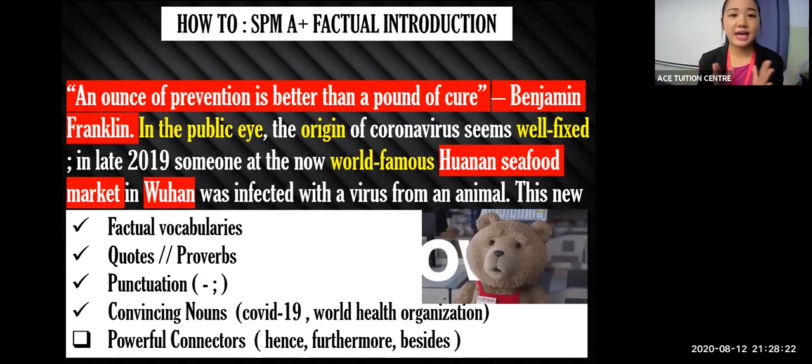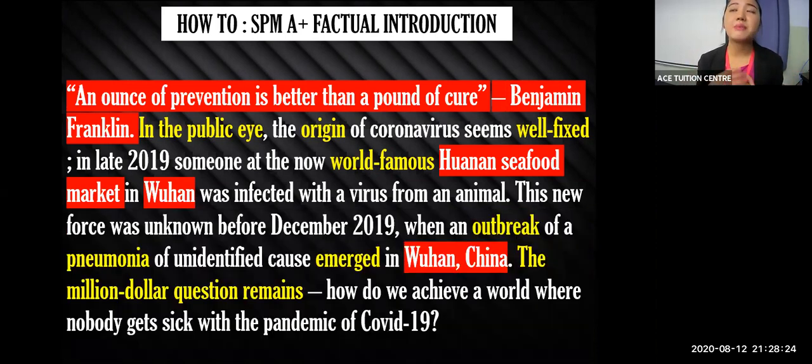So I would say as a conclusion, guys, if you really want to upgrade your factual writing, how can you write a good introduction? Always, always include a quote. If quotes are too hard, you could include an idiom. How do you use a quote effectively? Once you have written the quote, you have to put in who said this quote. Maybe Bill Gates said it. Maybe Steve Jobs said it. Who said it?